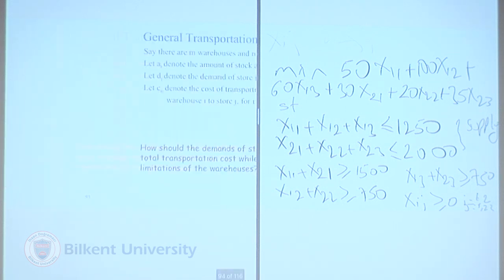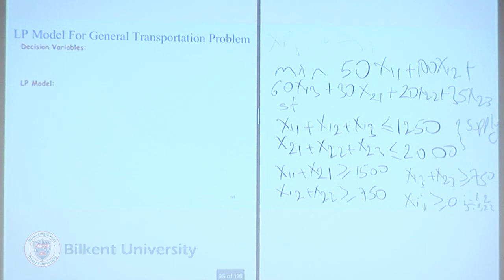So the formulation then will be, my variable is xij, all right? Amount sent from i to j. Then I'm going to minimize. Let's look at what we have written on the right.